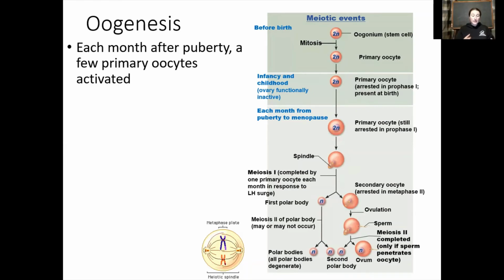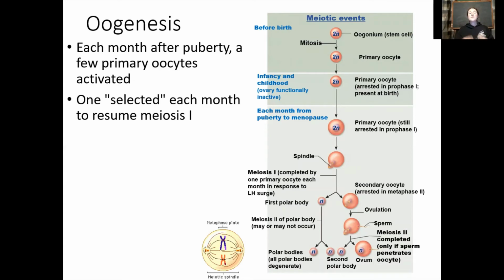Every month, in theory, from when she reaches puberty until she passes through menopause, a few of these primary oocytes, surrounded by their primordial follicles, are going to be activated. And we still don't have a good idea, as far as I know, exactly why certain oocytes are activated and why others are not. So the jury's still out, more research to come, I'm sure.